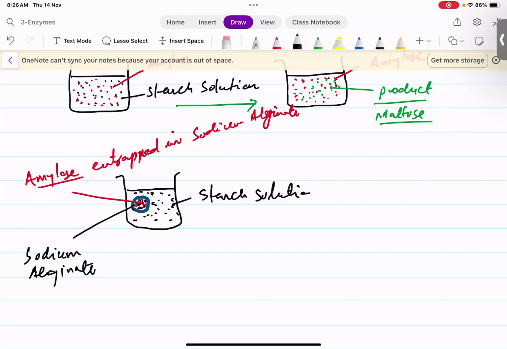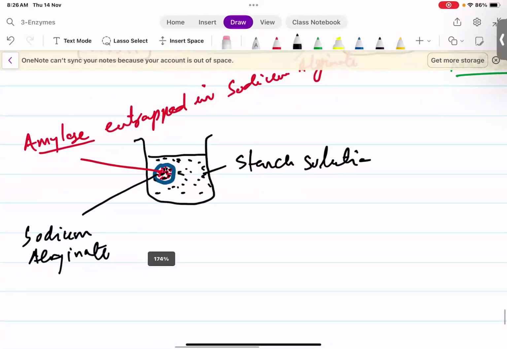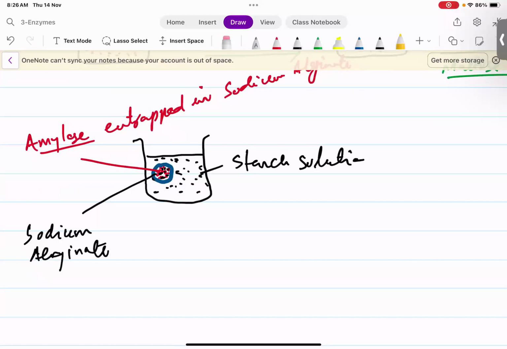Now, enzyme molecules are not free to move in this reaction mixture. Instead, what happens? The starch molecules from outside, they move into this encapsulated enzyme or entrapped enzyme.